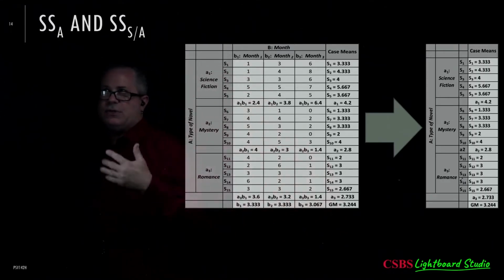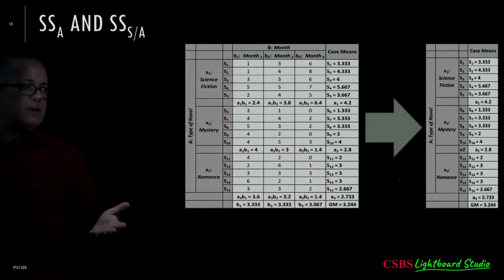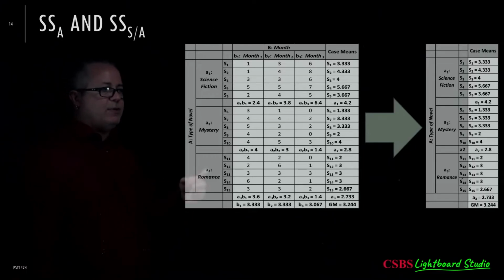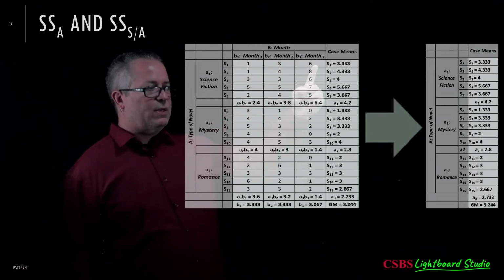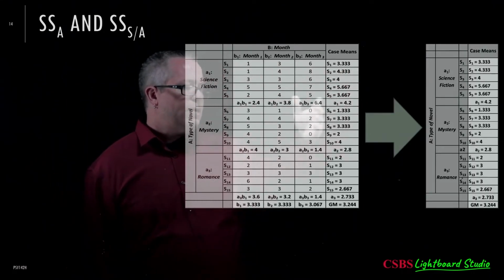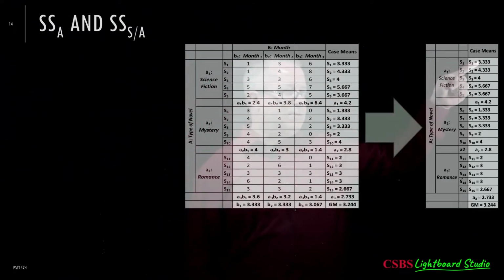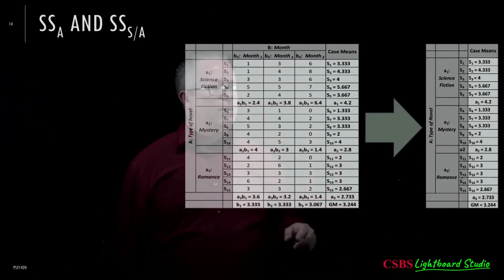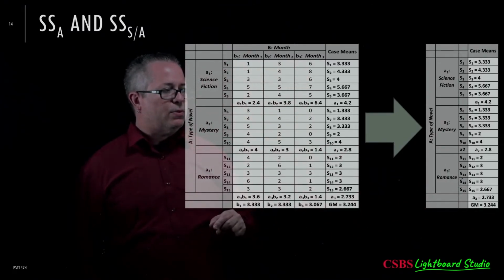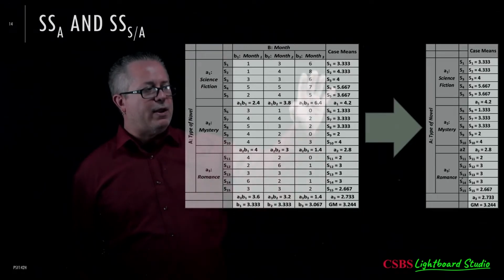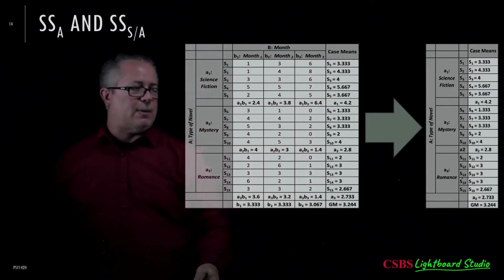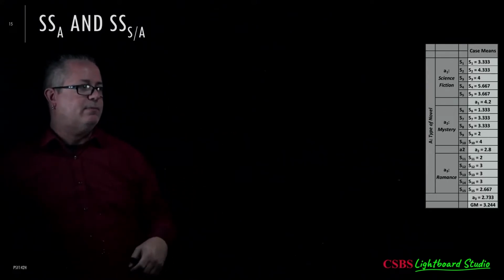It's actually the average of these three scores: 1, 3, and 6 gives us this 3.333. As long as you keep in mind that this really represents 3 scores, 3 scores, 3 scores, we can do a one-way ANOVA and adjust a little for the fact that each one represents 3 scores. But we don't need all this anymore for A and S within A. We can collapse that down and not even do it anymore.